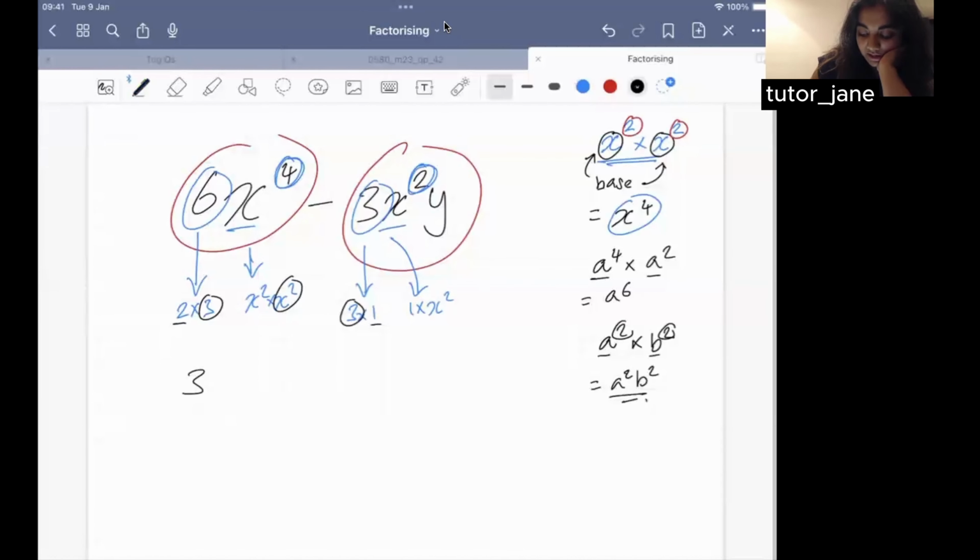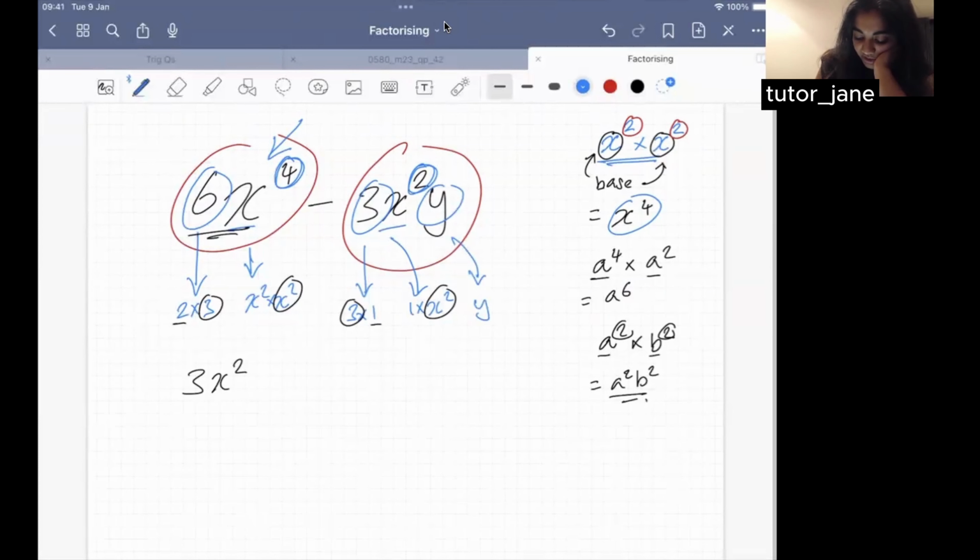So we have an x squared in common, so we're going to take that out as well. Cool, and there's nothing left on the left-hand side, and on the right-hand side, we have this y. Now, there isn't a y over here, right? So we can't take the y out, so the y is going to stay in the brackets. So we're going to leave the y behind, put it down here.